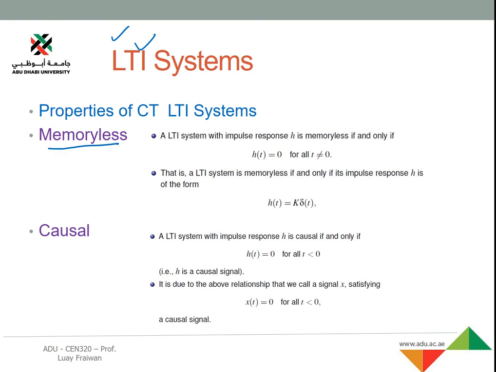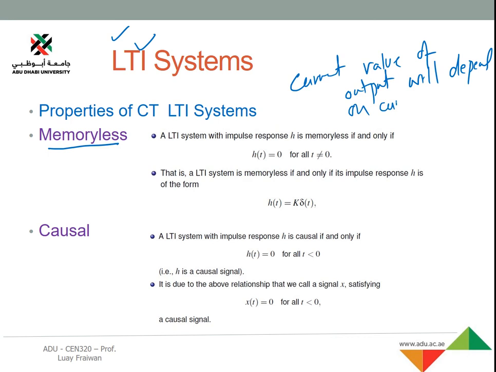A memoryless system is one where the current value of the output depends only on the current value of the input. That is the basic property of a memoryless system.